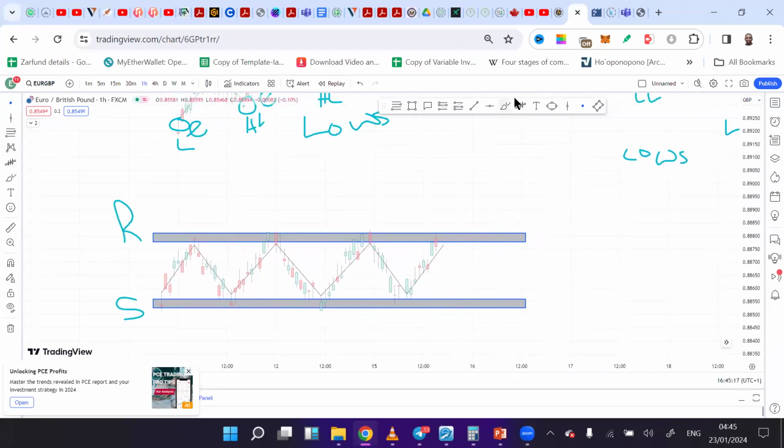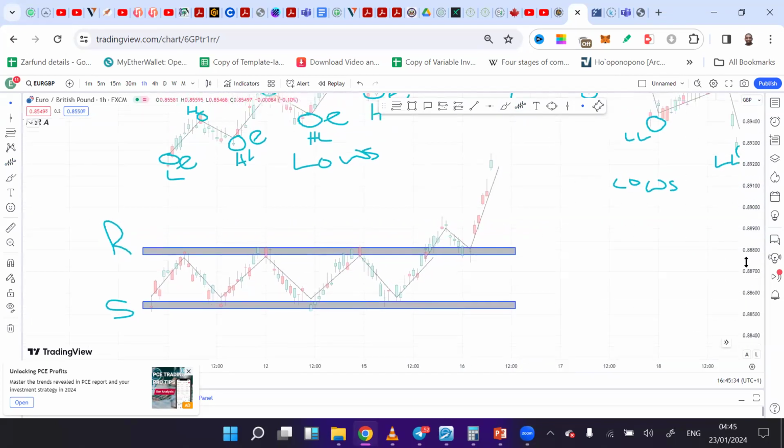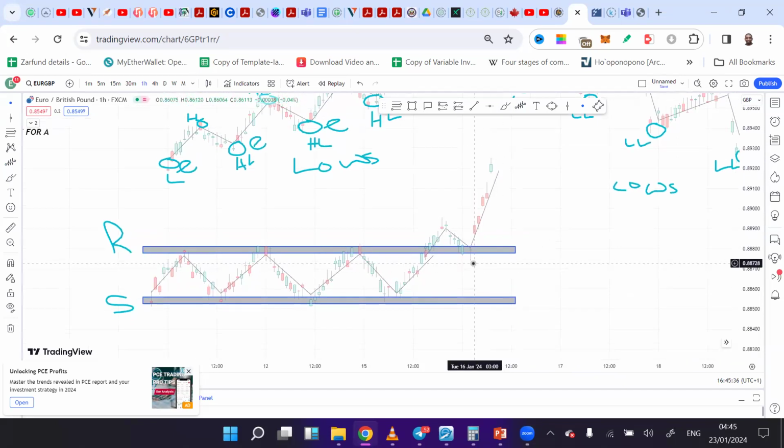So now, after price bounces up and down within the support and resistance like this for a while, price will usually break out. When it breaks out to the top, that means buy opportunities are activated.